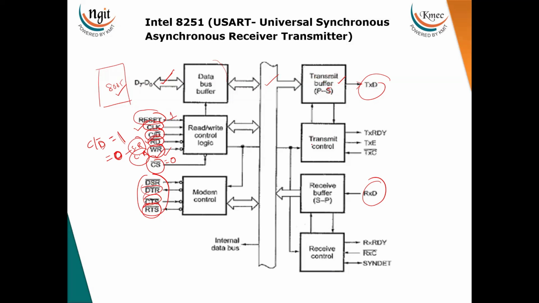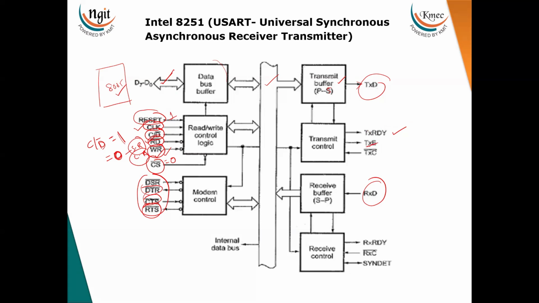And the next one is transmit control. It has 3 signals. TXRDY, transmit ready: whenever the transmitter is ready to transmit the data character, it indicates that. Now TXE means transmit empty. If the data transfer has taken place and the transmitter has transmitted all the data characters, then the transmitter is empty.